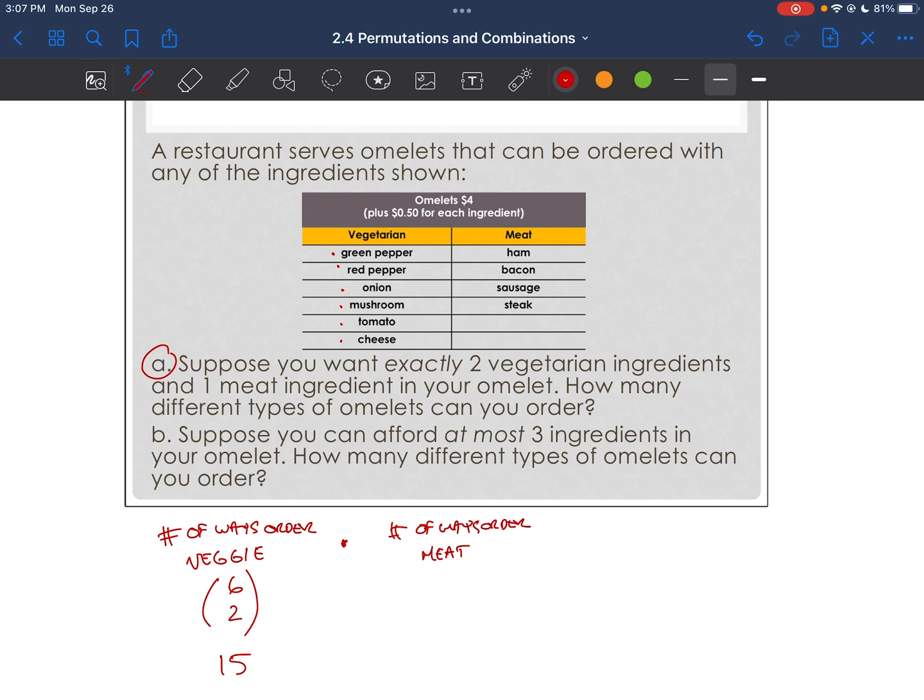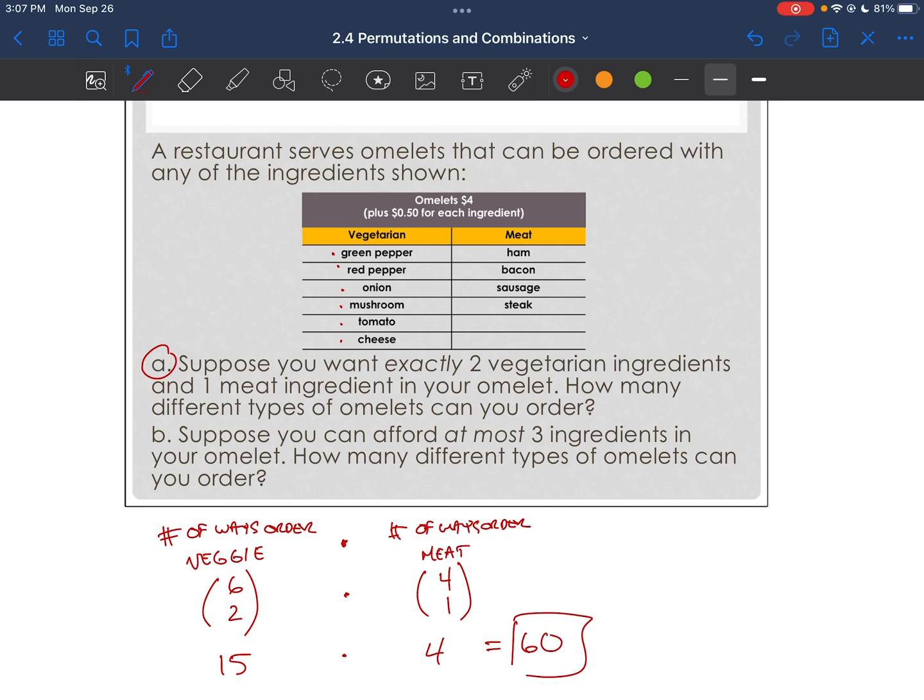And then the number of ways to order meat, there's 4 meats to choose from. I'm choosing 1, so that's going to be 4. And 4 choose 1 is just 4. There's 4 different choices. And so 15 times 4 is going to be the number of ways that I can order this omelet. So there's 60 different ways.